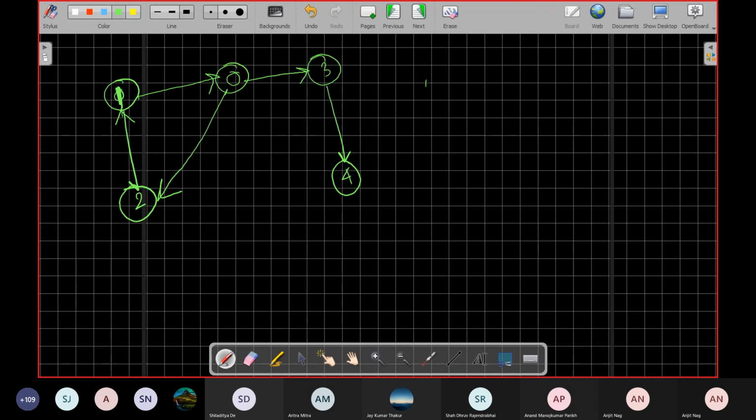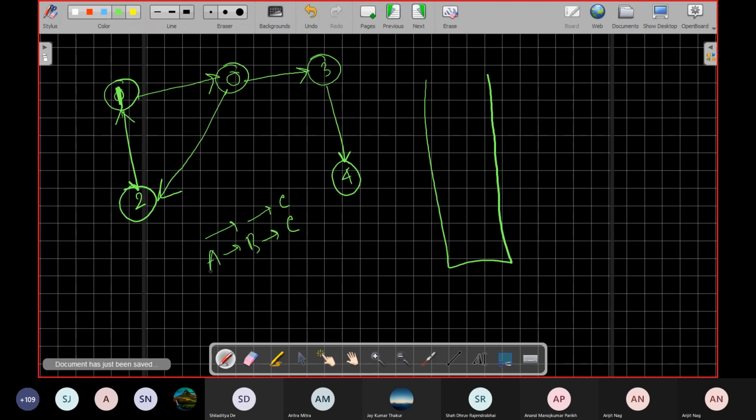We will do the DFS, that is fine, but another thing we need to do is, suppose this is a graph, A, B, C, and we do the DFS. A will call B, B will call C. We will add A to the stack when B is finished. We'll add B to the stack when C is finished.